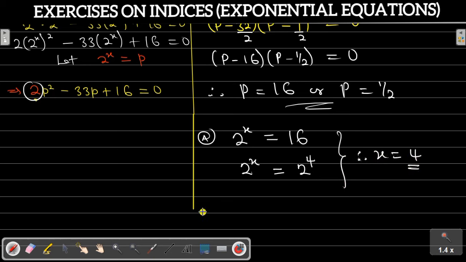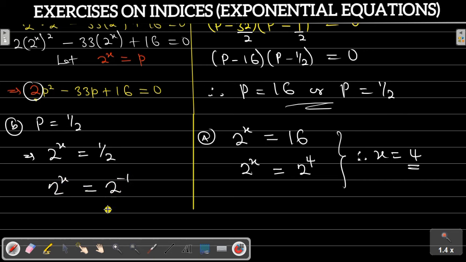Having done that, let's come over here for case B. For p equal to half, what are we going to have? It means that 2 raised to the power of x is equal to half. But then we can put half in index form. If we do that, half is the same thing as 2 raised to the power of minus 1.